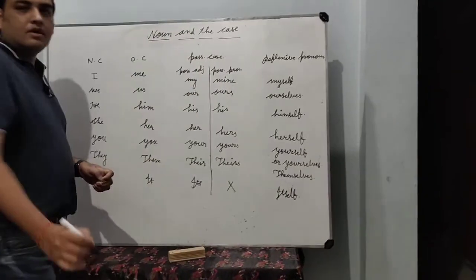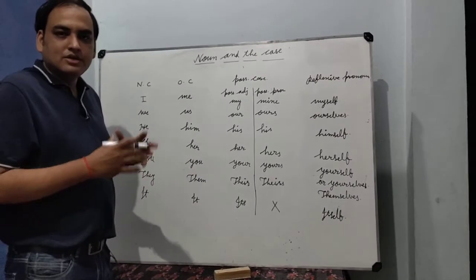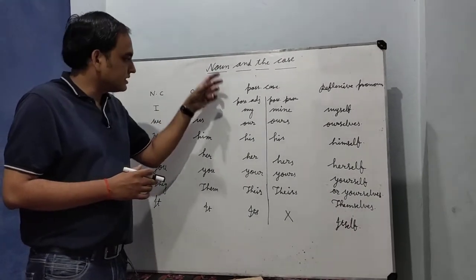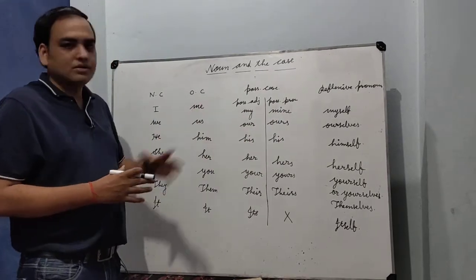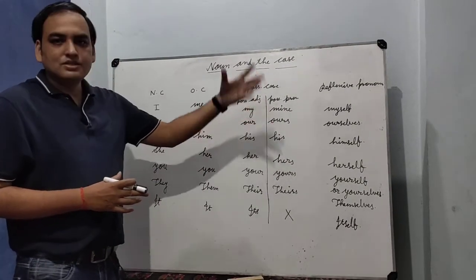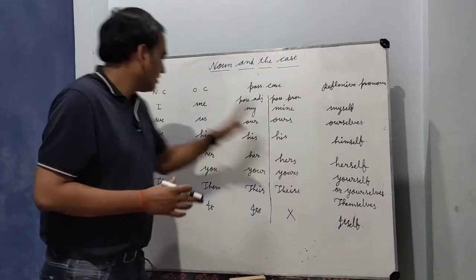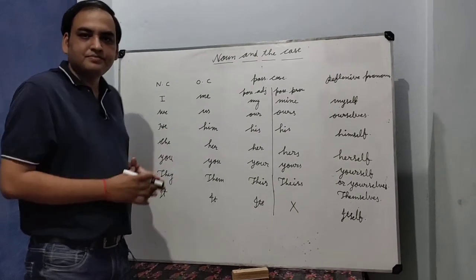So these were the different kinds of words. They are used at the place of nominative case, objective case, possessive case, and in reflexive pronoun. This is also a kind of pronoun that is used in the sentence, and it is made from these words, these subjects or objects.